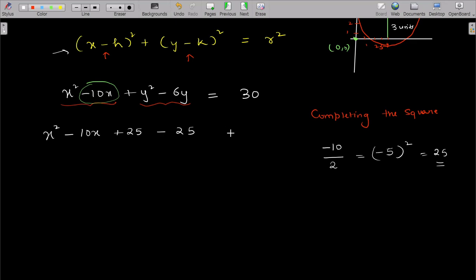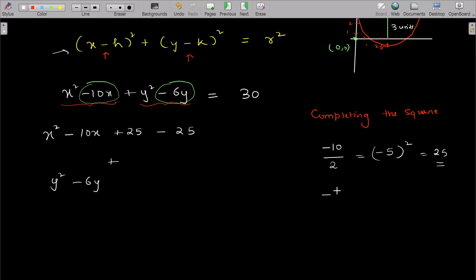Same thing we will do for this y square minus 6y as well. Plus y square minus 6y. Take the second term, Anika, and do these exact same steps. What is the coefficient of this term?